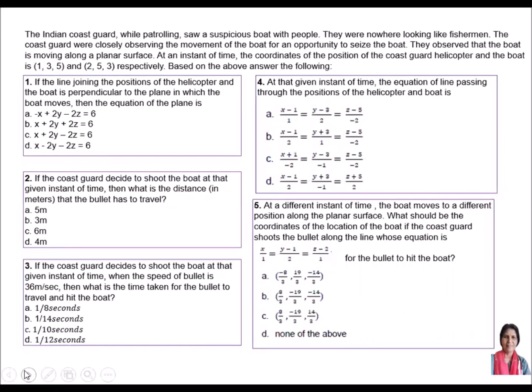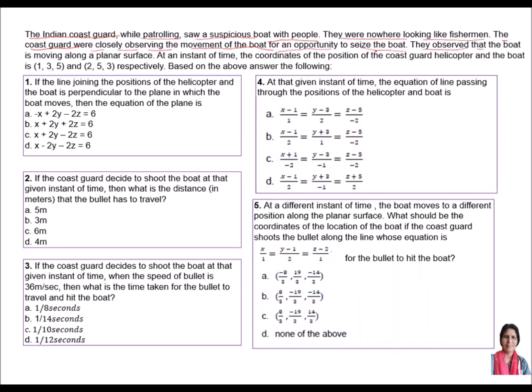This question is in front of you. There are 5 parts to this question. Let us read it very mindfully. The Indian Coast Guard, while patrolling, saw a suspicious boat with people who were nowhere looking like fishermen. The Coast Guard were closely observing the movements of the boat for an opportunity to seize it.